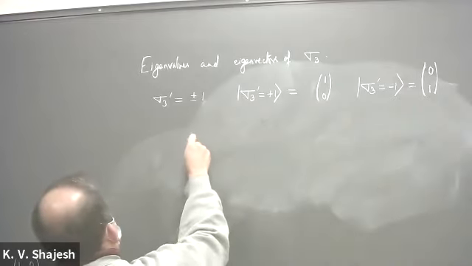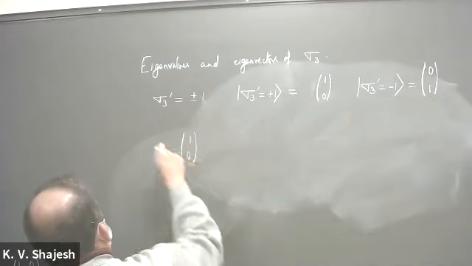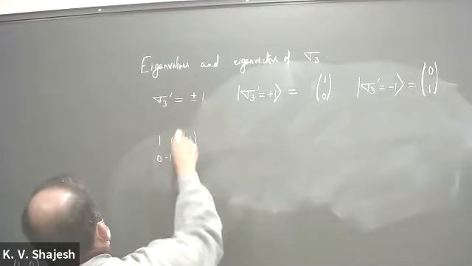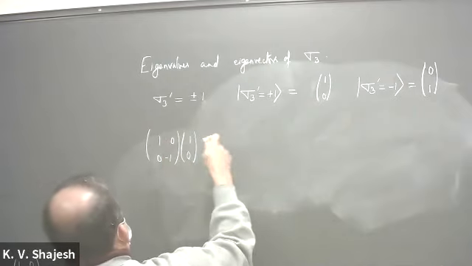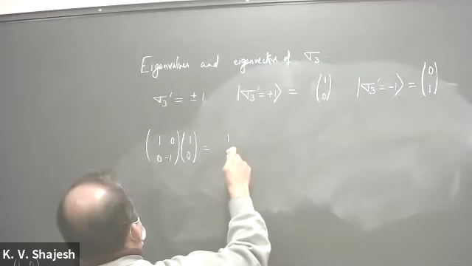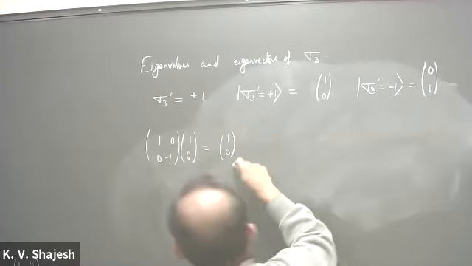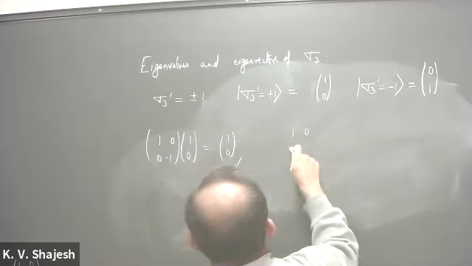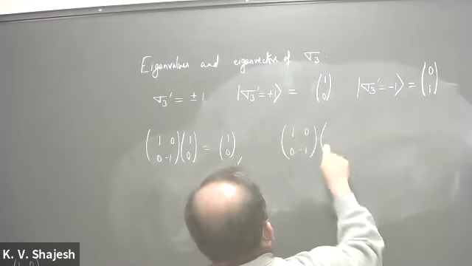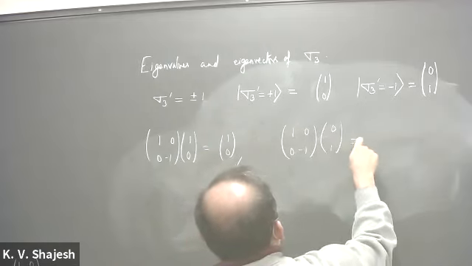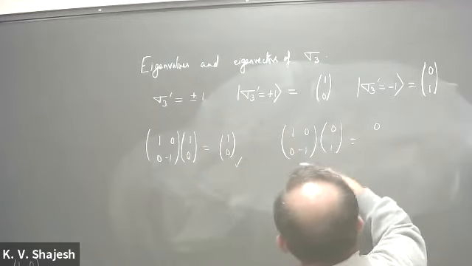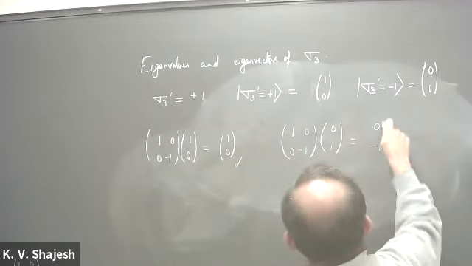So let's see if this really works. 1, 0 times 1, 0, 0 minus 1 is equal to 1 and 0. So that does work. And 1, 0, 0 minus 1 times 0, 1 is equal to 0 and this is -1.